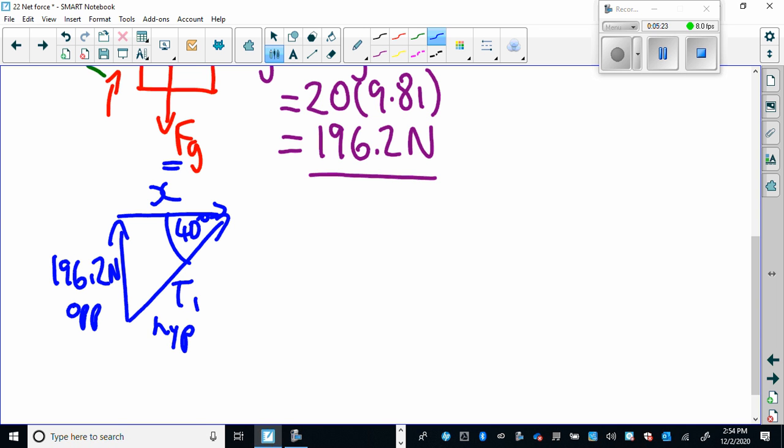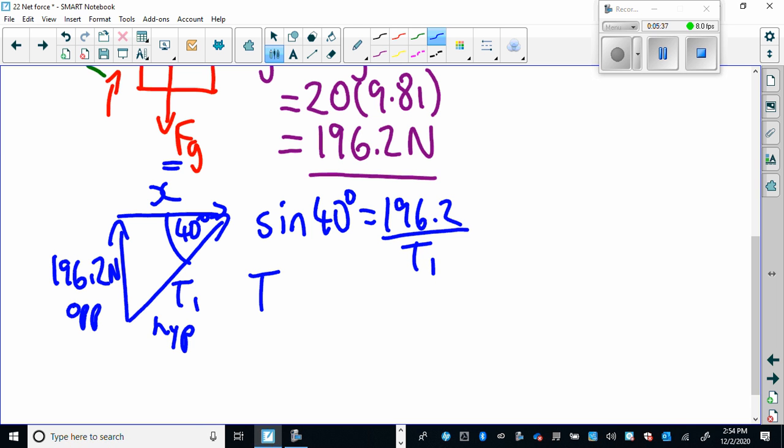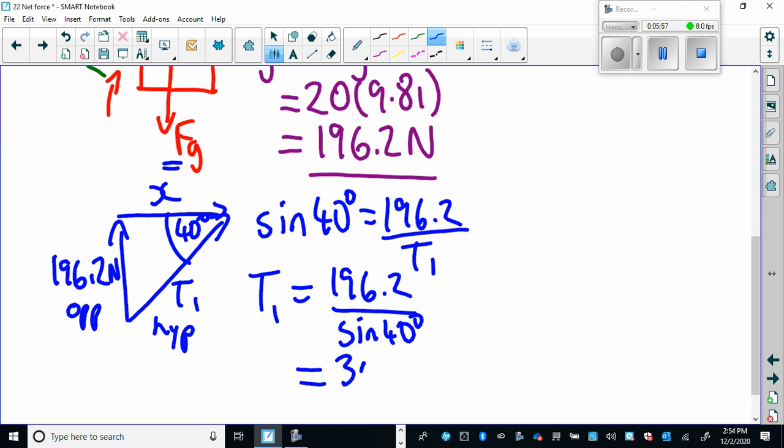So we're just going to say that the sine of 40 degrees equals the opposite, 196.2, divided by the hypotenuse, which is T1, and therefore T1 equals 196.2 divided by the sine of 40, and that gives us 305 newtons. Okay, so there's T1. We've got T1 already.